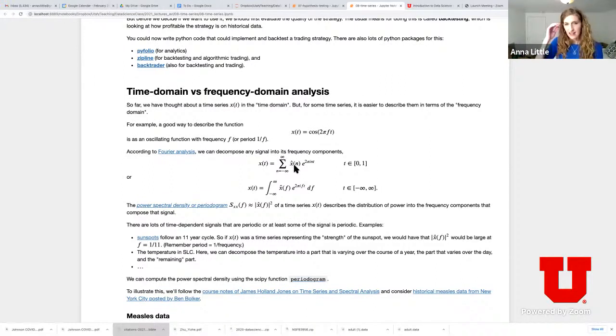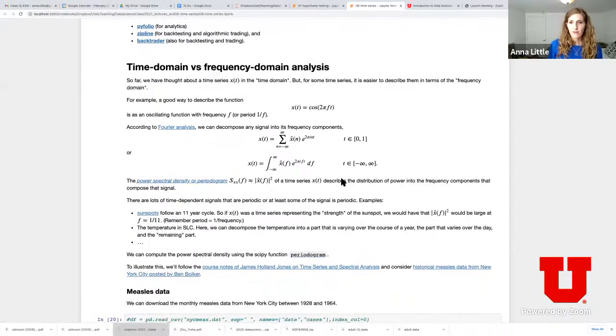So x hat denotes either the Fourier coefficients or the Fourier transform, depending on what setting you're in. For a function that's defined on the whole real line, it can be expressed in this way, kind of in the same way as a Fourier series. Now you're just using an infinite number of these functions, but they're combined together with the Fourier coefficients.